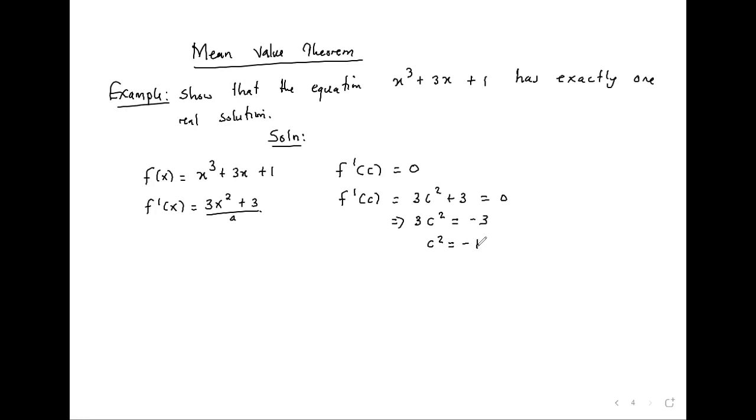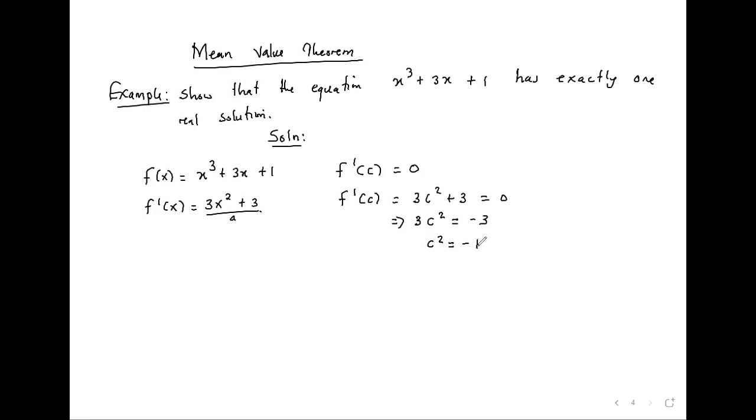Okay, so if this is not possible, then it means that the Mean Value Theorem and the Rolle theorem say that for every two numbers A and B, if f is differentiable and continuous on that interval, then there will be a C in between.